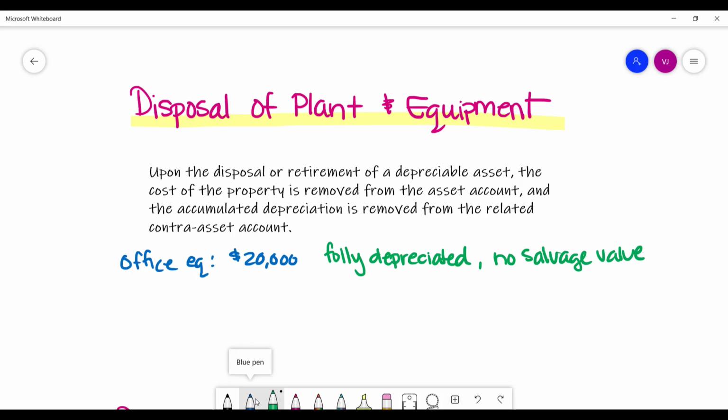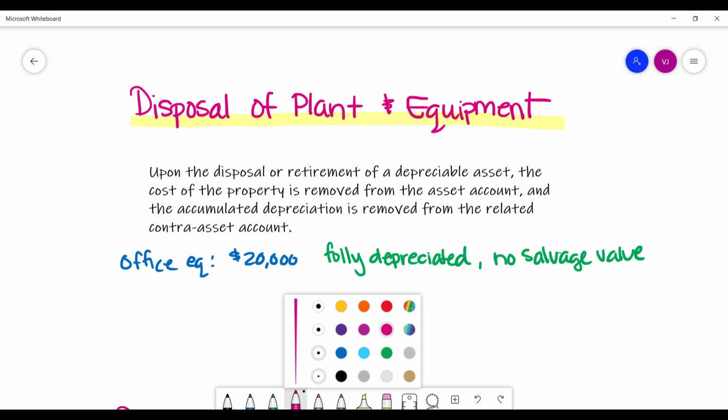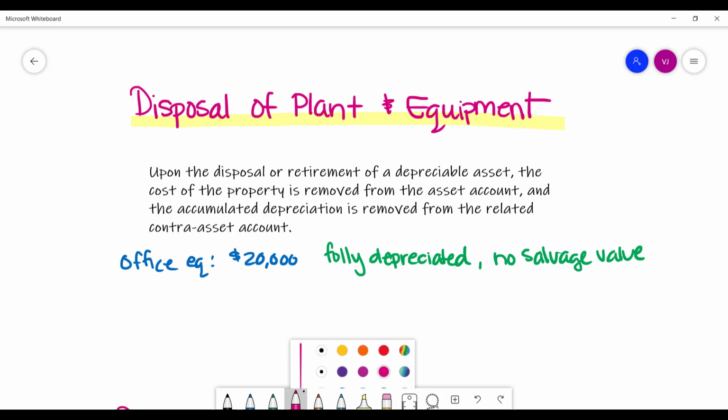Well, in that case, the total cost of $20,000 would have been depreciated away, would have accumulated in the accumulated depreciation account. So at this point, what we would need to do is we would remove the accumulated depreciation account.